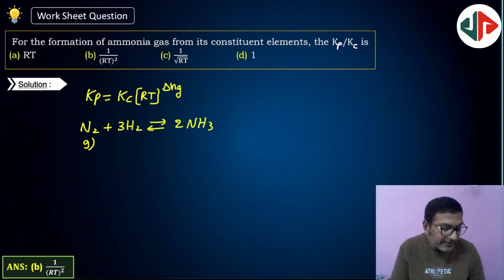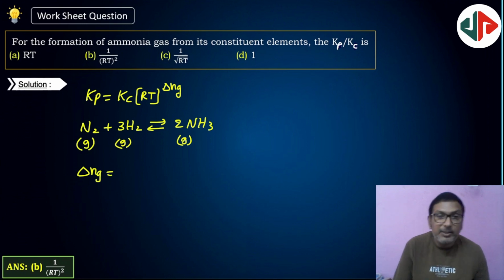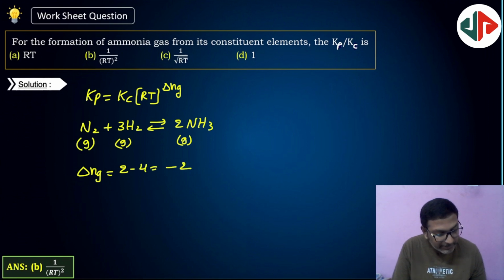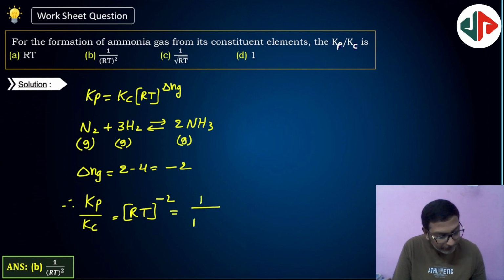Here all are gases. Delta Ng is number of moles of products minus number of moles of reactants, that means 2 minus 4, which is minus 2. Therefore, Kp by Kc equals RT power minus 2, or 1 by RT squared. So option B.